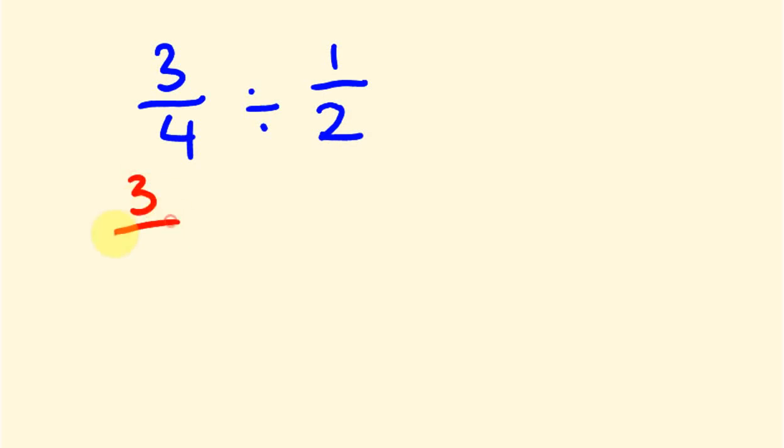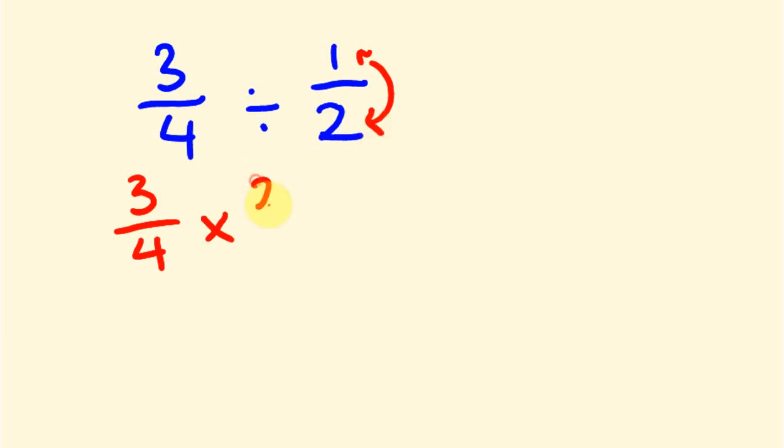So what about we do 3 quarters divided by a half? All right? So we start with 3 quarters, that's the same, isn't it? We change it to times, and then we flip these guys around.